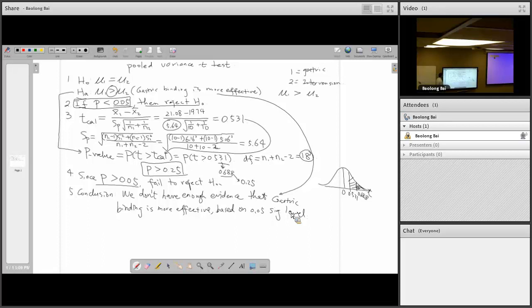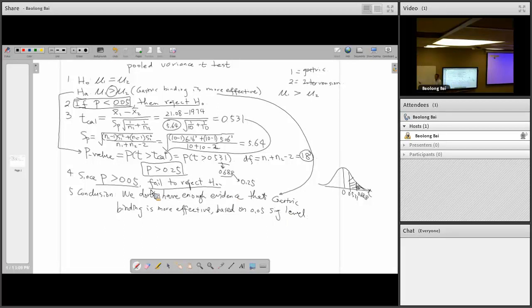All right. So for any decision making we do using the hypothesis test, we always have a chance for either a type 1 error or a type 2 error, right? So what type of error is possible in this case? Since you failed to reject the null, that means you have a chance for a type 2 error, right? And what does it mean?